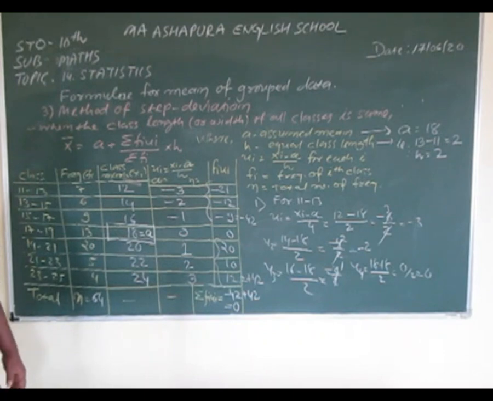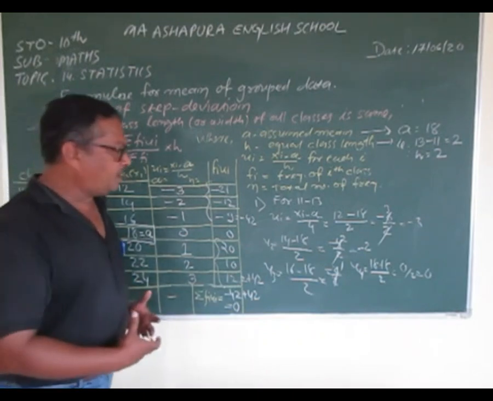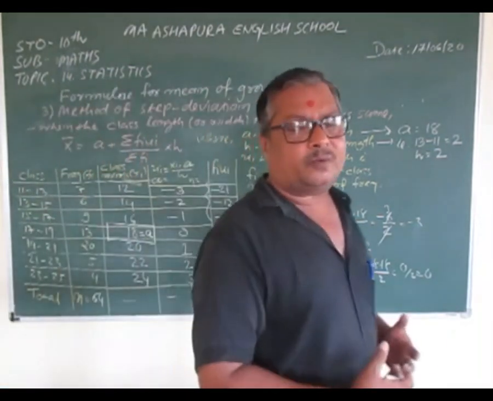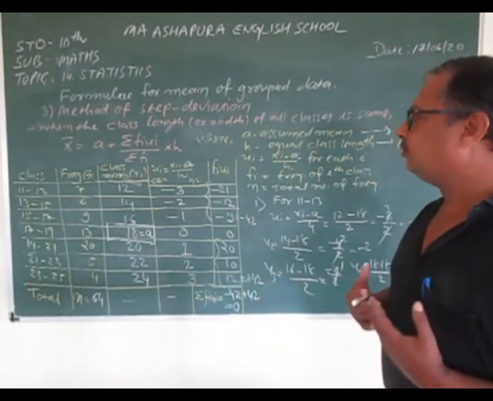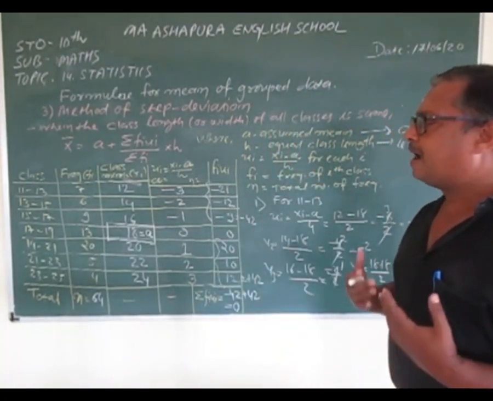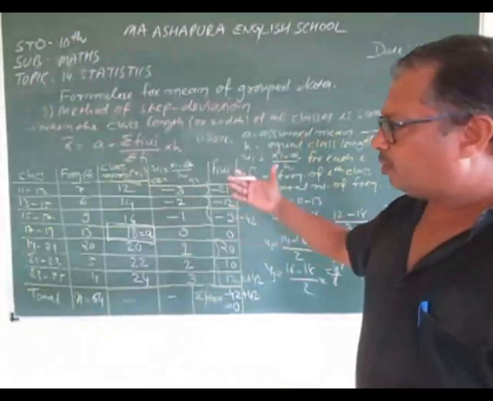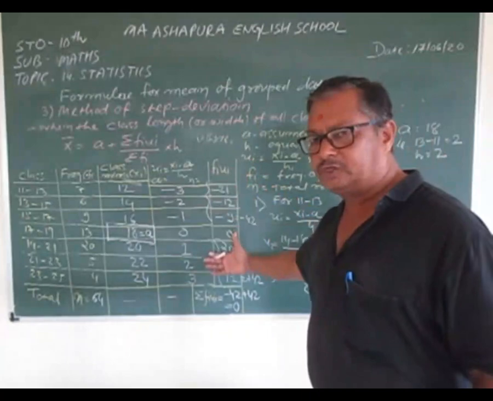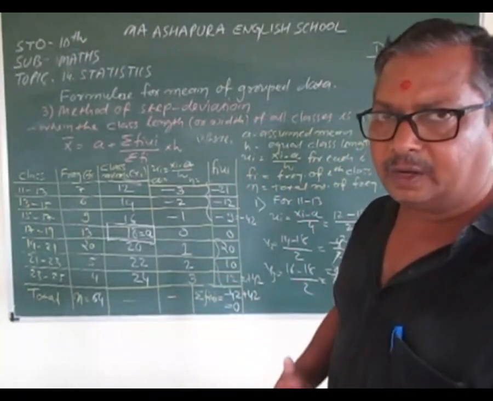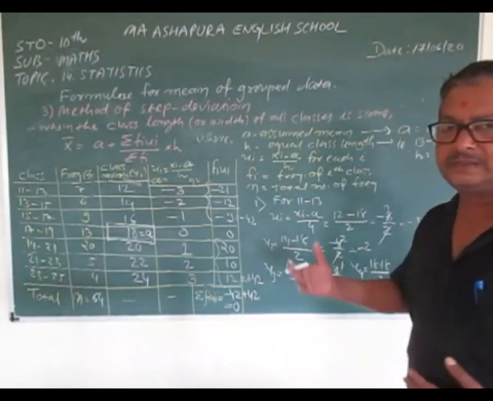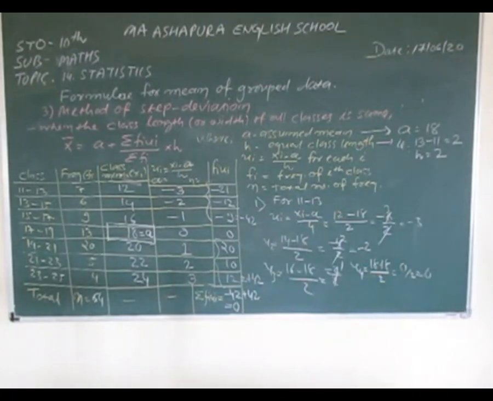So this sum is really very interesting. Now substitute the values in the formula to find the mean by using the step deviation method. Please write down in your notebook first the tabulation, and then calculate the sum.